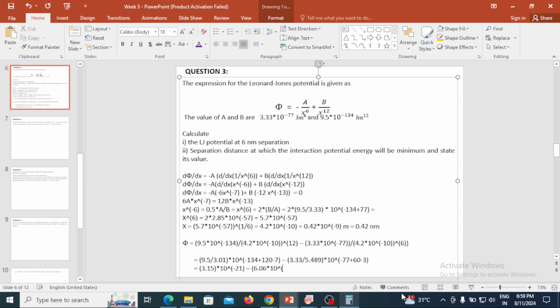So minus 80 and plus 60, so it will be minus 20 and minus 21, these many joules.